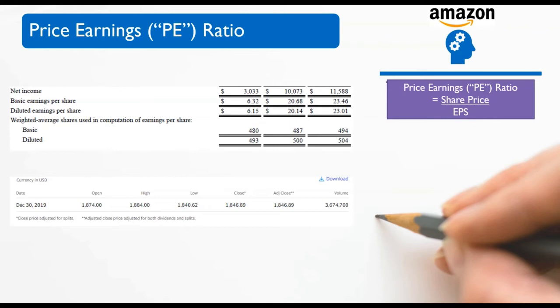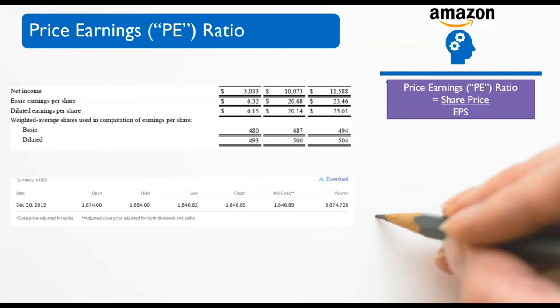So what is the price-earnings ratio, or PE ratio for short? Well, this relates a company's share price to its earnings per share. For example, a high PE ratio could mean that a company's stock is overvalued, but it can also mean that investors are expecting significant growth for the company in the future.